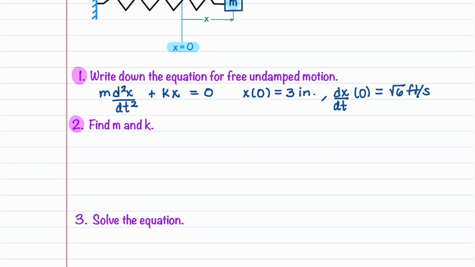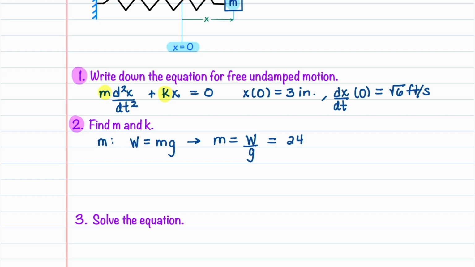In step 2, we are going to find m and k. Let's find m first. To find m, we have to use the formula that weight is equal to mass times gravity. So that tells us that mass is weight divided by gravity. We're told that the weight is 24 pounds.